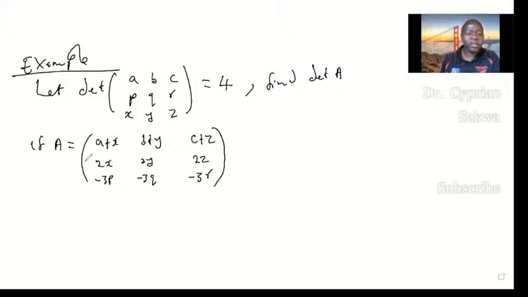So we are told that the determinant of this matrix here is 4, and we want to use this determinant, which is 4, to get the determinant of this other matrix.